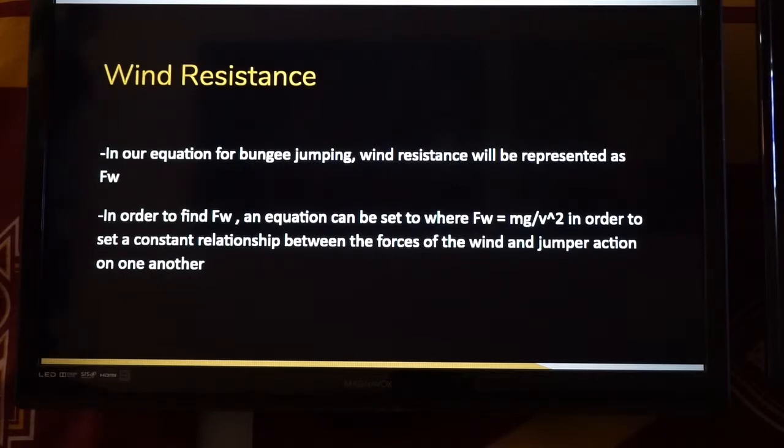So, in order to even out the forces, we introduced a proportionality constant of mass times gravity over velocity squared, and we factor that into our equation for free fall.